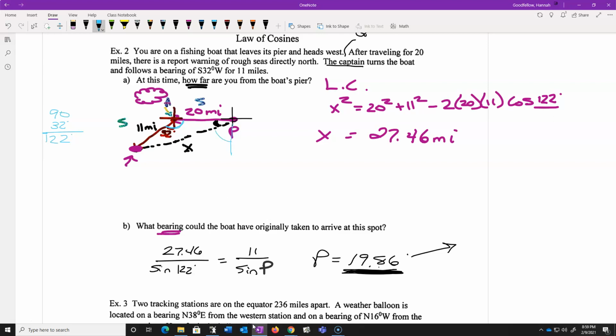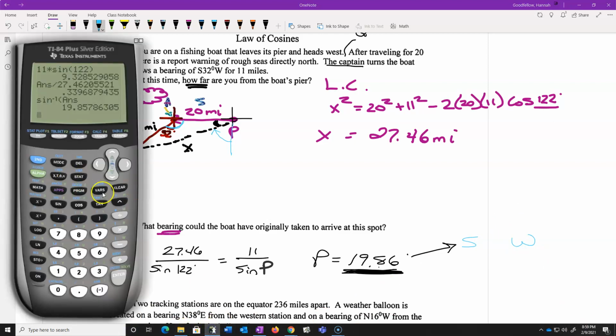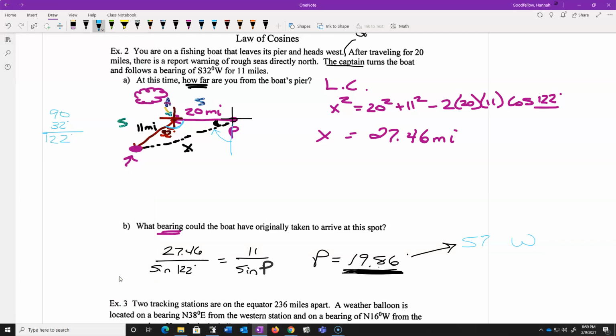So what's the south bearing to get there? That is a southwest bearing, and that southwest bearing would be the complement to 19.86. So I would go 90 minus this particular answer, and I would get a bearing of 70.14. 70.14 degrees southwest is which direction we would go, okay?